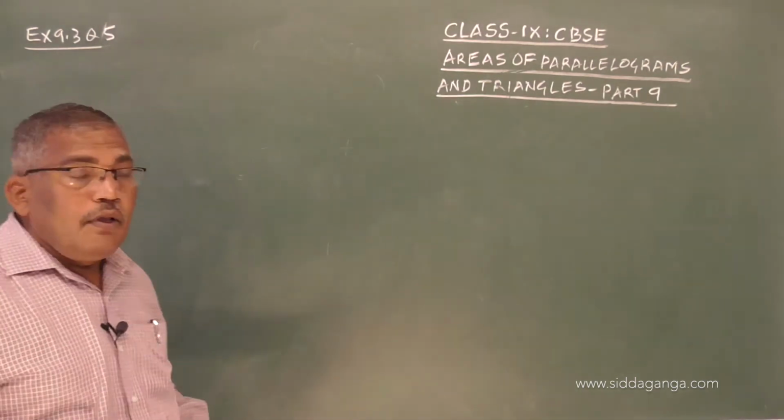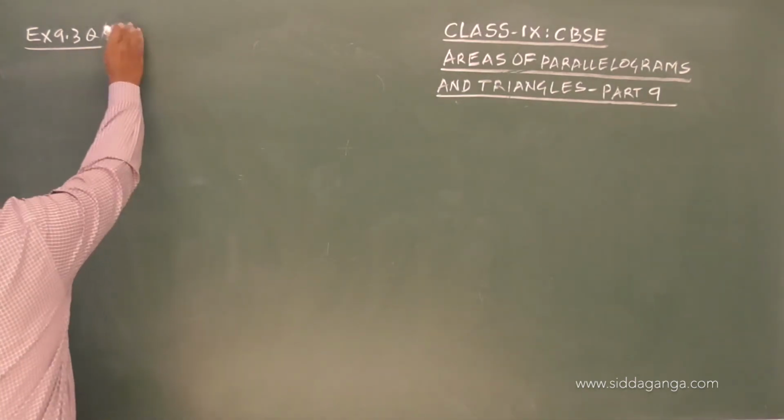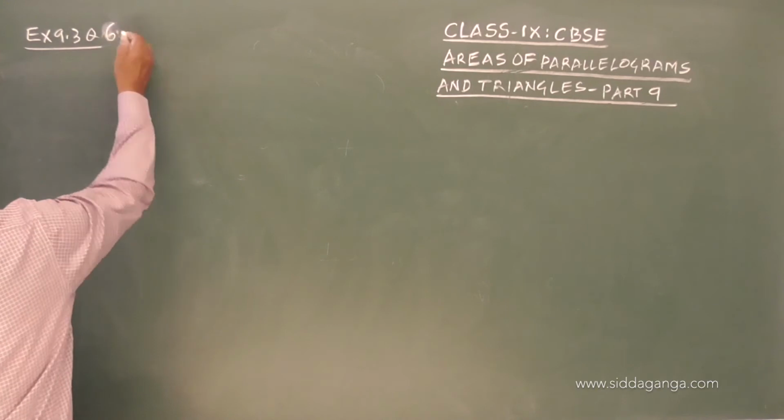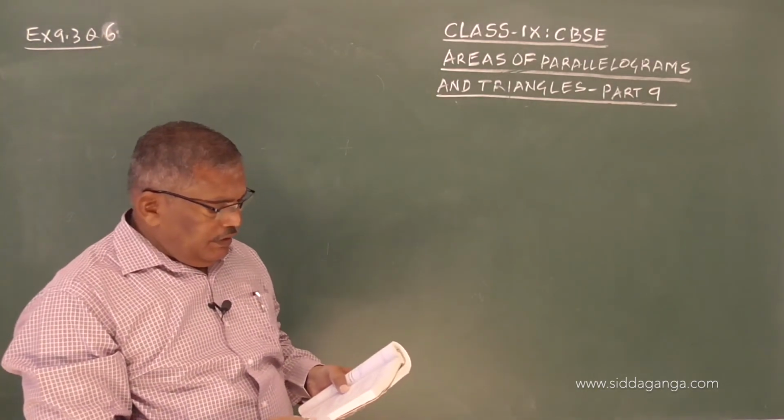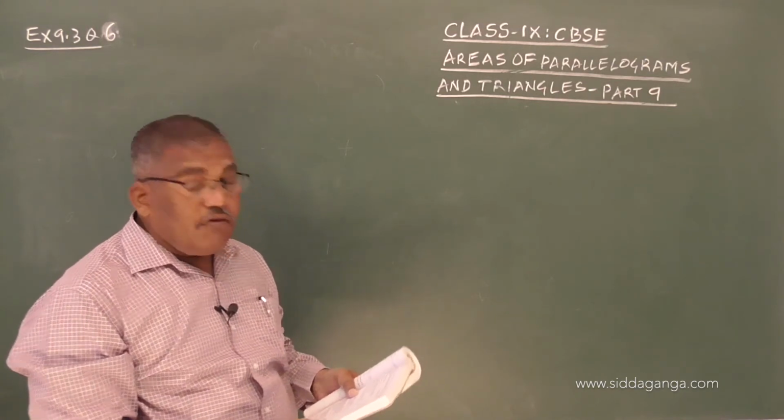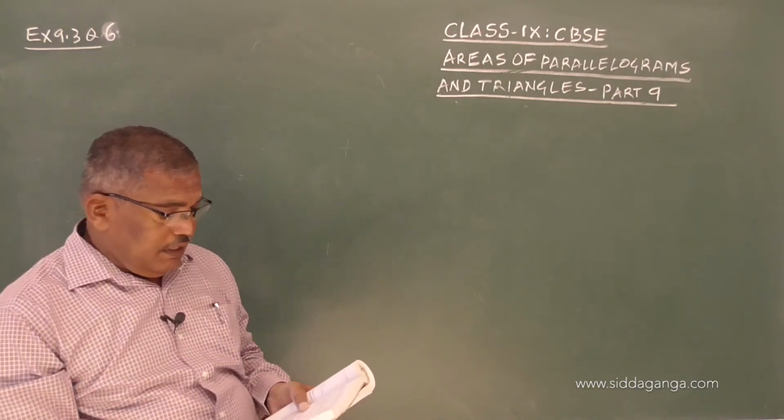Question number six. Diagonals AC and BD of a quadrilateral. So, a quadrilateral is given.